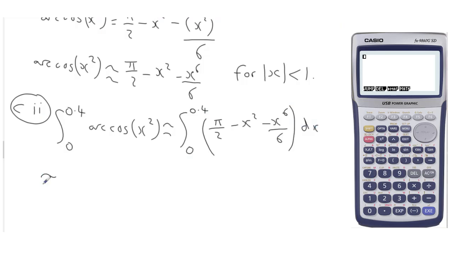So that is going to be, now we need the antiderivative, so we just integrate with respect to x, so it's going to be pi x over 2 minus x cubed over 3 minus x to the 7 over 7 times 6, so that would be x to the 7 over 42.